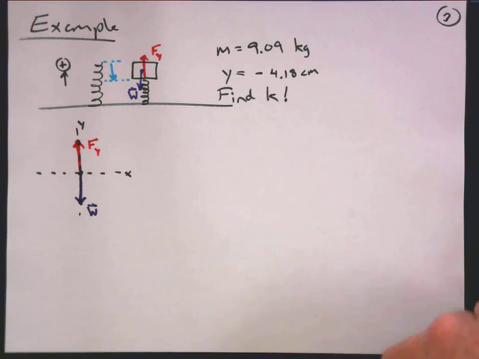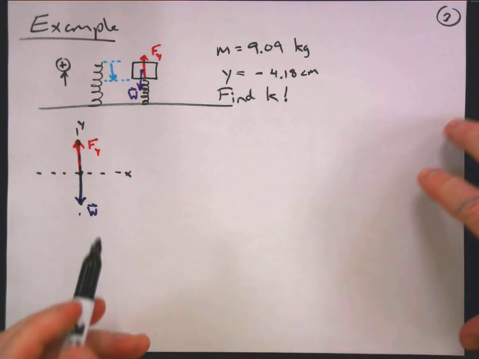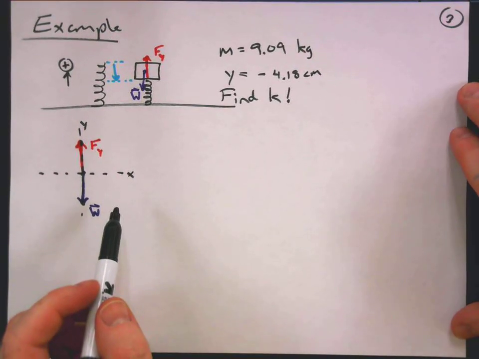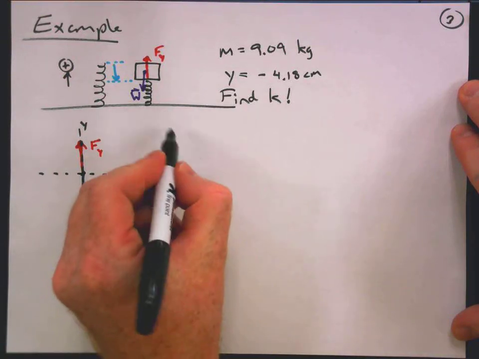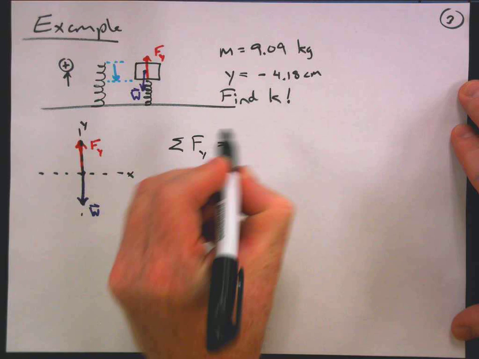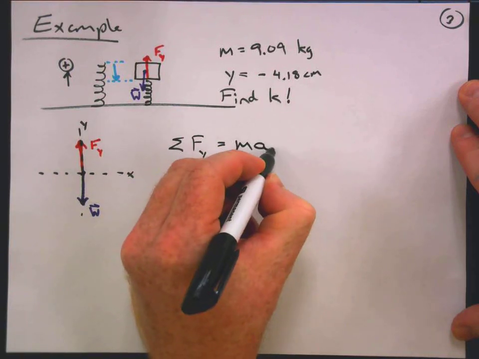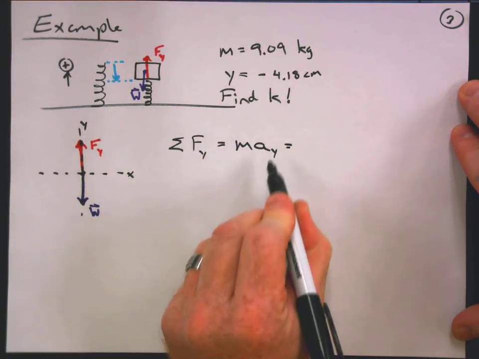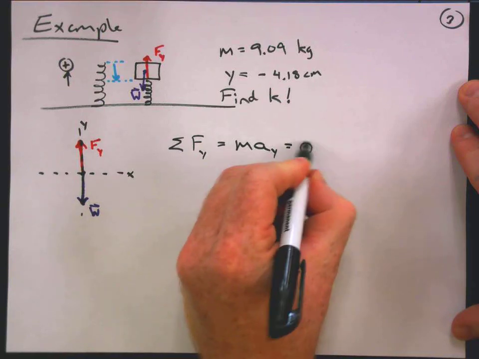Why is that? I can justify it because I observe no acceleration. The sum of forces in the y direction equals mass times acceleration in the y direction, and with no acceleration, this is 0.